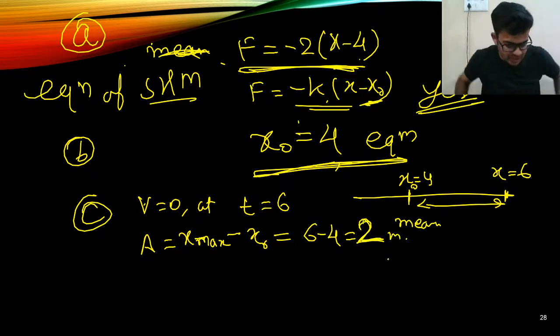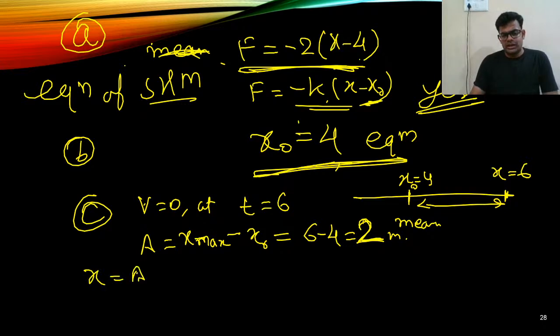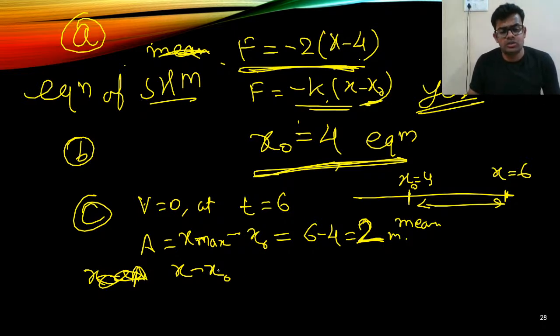Are you getting it? The distance between the extreme position and the mean position will be the amplitude. So the maximum displacement from the mean position is the amplitude. So amplitude is 2. So finally, the equation of SHM, you can write x minus x naught, because the motion is not about the origin.